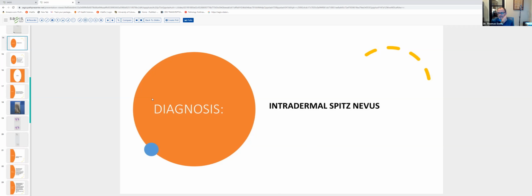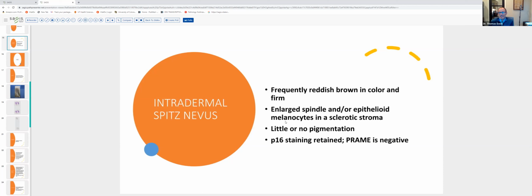They are frequently reddish-brown in color and firm. Histologically, as we've seen, they're characterized by enlarged, spindled, or epithelioid melanocytes, typically in a sclerotic stroma. They show little or no pigmentation. And as we pointed out, P16 staining is retained, and PRAME is typically negative.